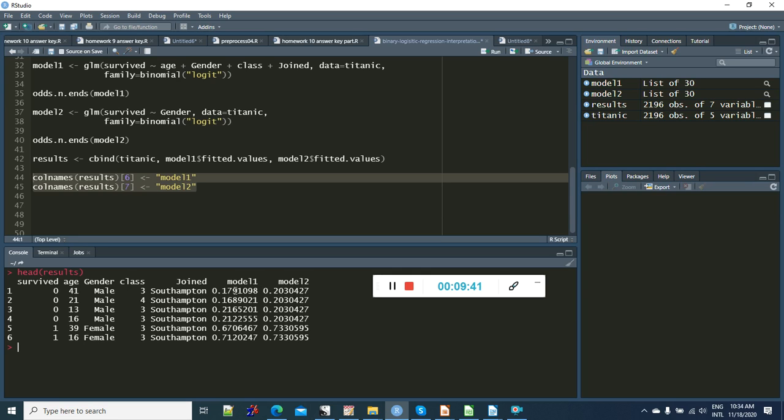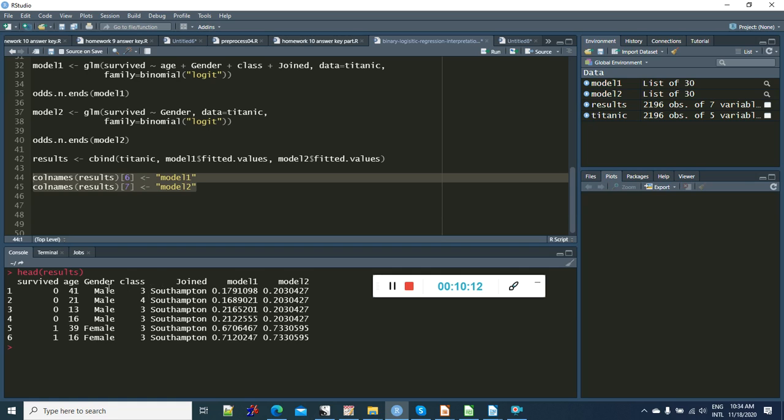Okay, so now we move over to model 1, where we've added all this information. We've added age and class and where they joined. And we see now we have all different probabilities, right? Instead of just 2 probabilities, we have a different probability just about for every person. Now, two people with the exact same age, same gender, same class, same place of embarkation, they would have the same probability.